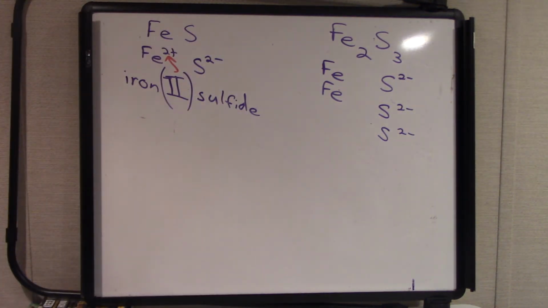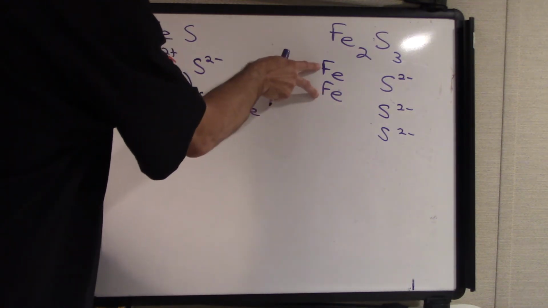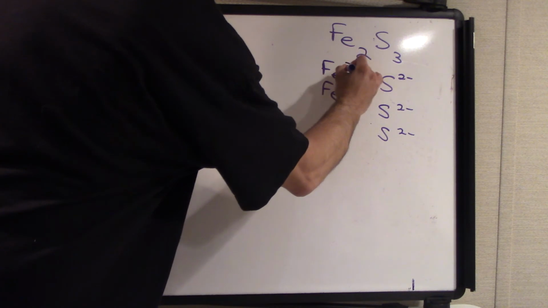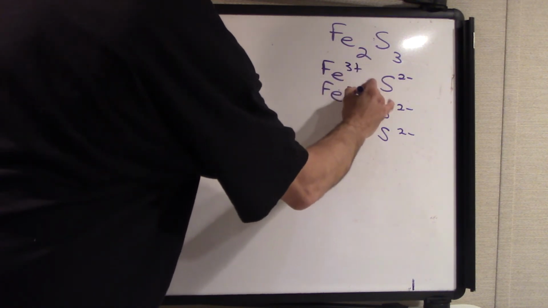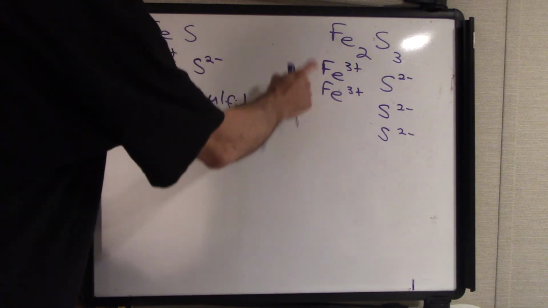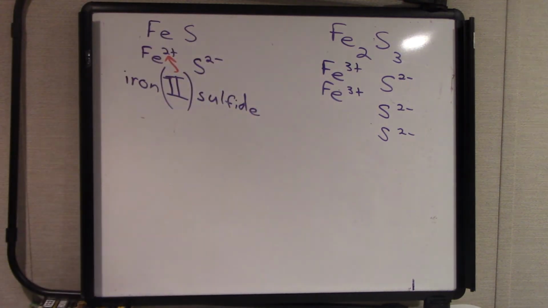I need to be at a total of +6. So a total of +6, if I have 2 of them going into that +6, that would make each one have a charge of +3. That's the only way I could have charge balance, is if each iron had a charge of +3.